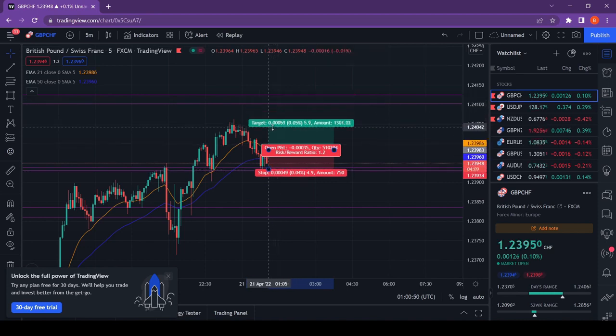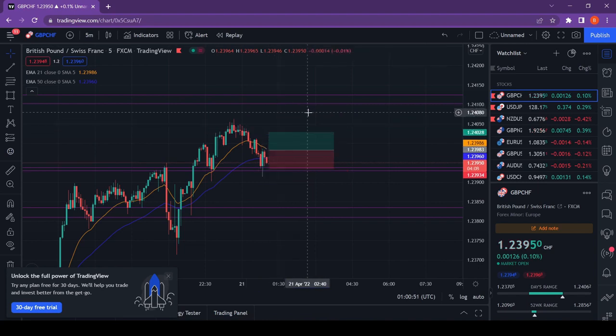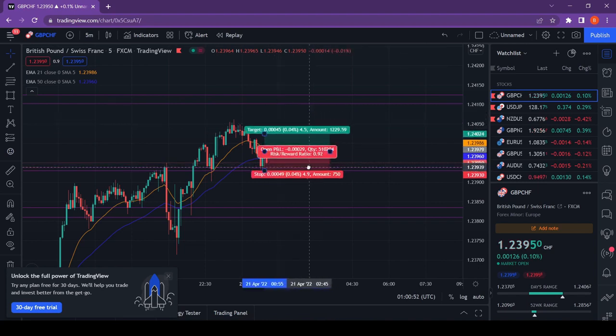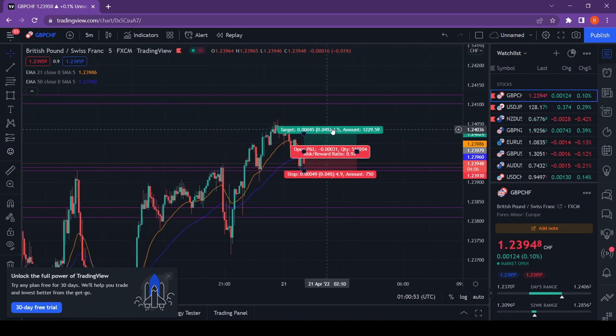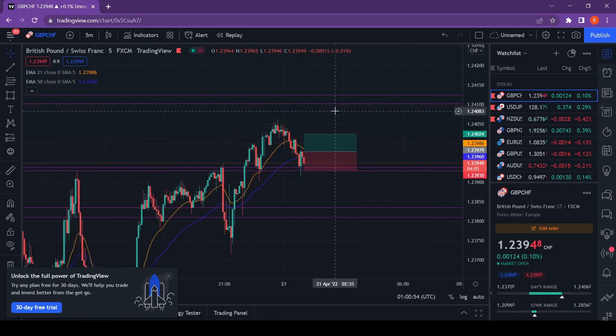Higher time frame candles versus lower time frame candles, right? This is really important when you're trying to execute trades.